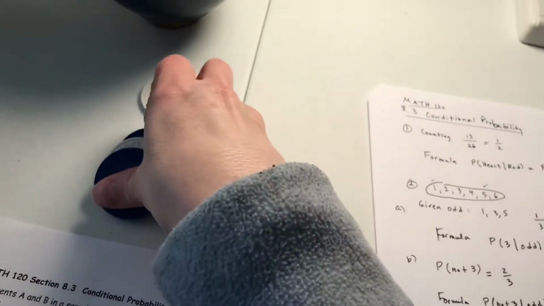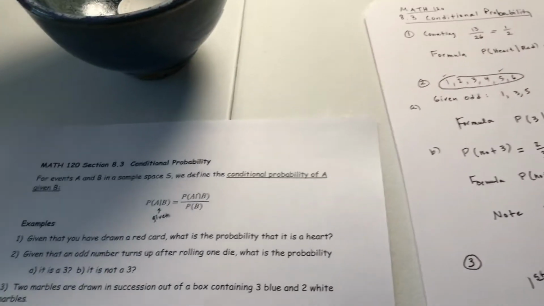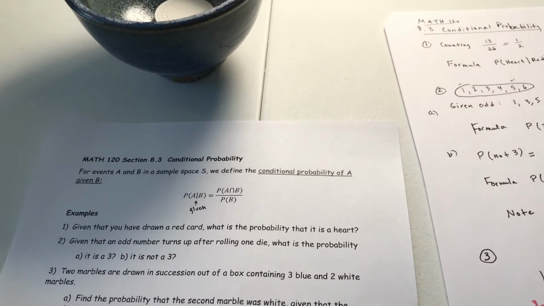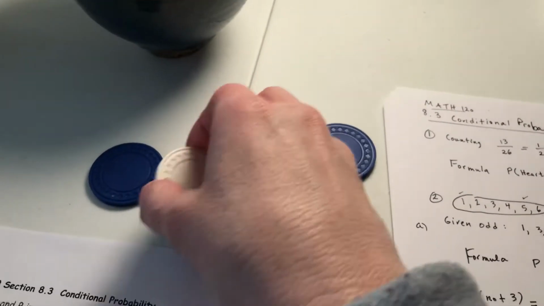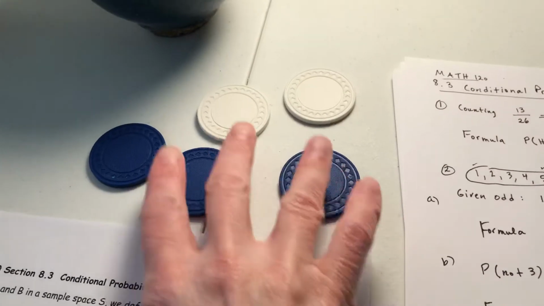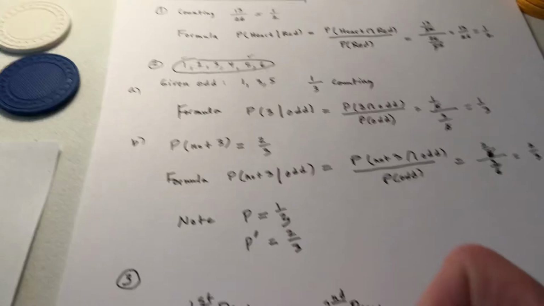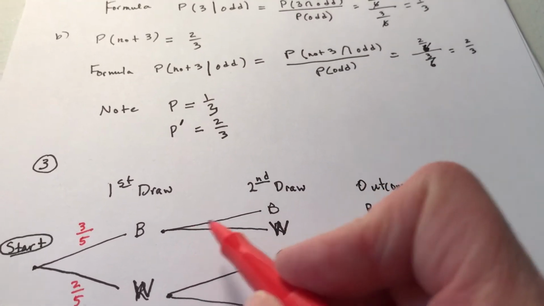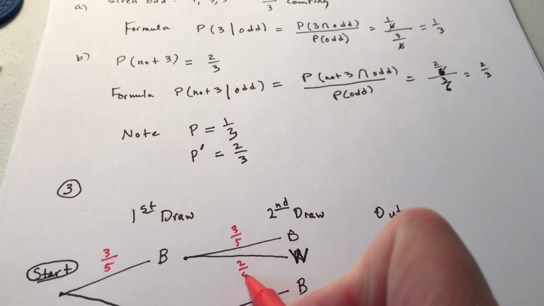Now, my second draw. Let's say I draw a blue. Given that the first marble was replaced, I put it back before the second draw, so it still has 3 blues and 2 whites. On this probability tree, the probability of a blue is 3 out of 5, and a white is 2 out of 5.